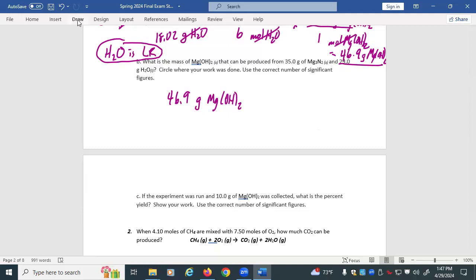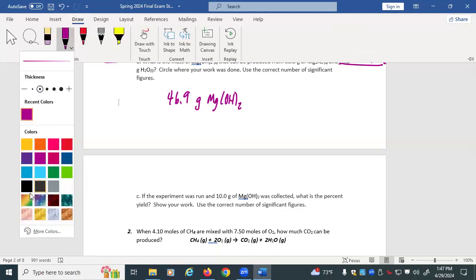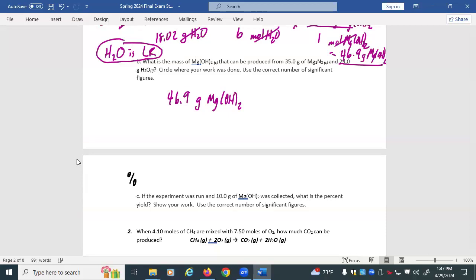And then the final question in this set has to do with yield. If we run the experiment and 10 grams of magnesium hydroxide were collected, what is the percent yield? We have to remember that percent yield is actual over theoretical times 100.